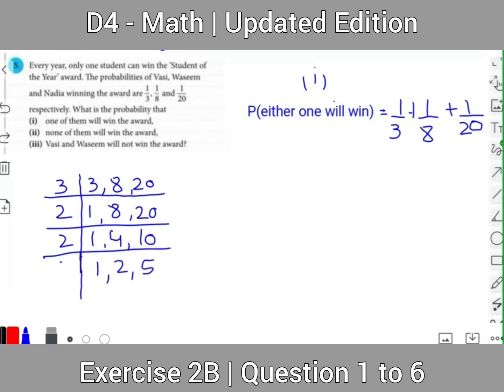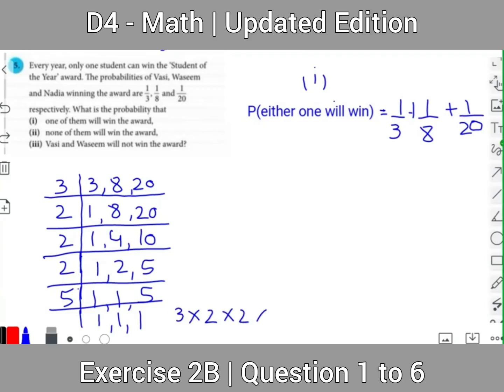Now we have 2. 2 ones are 2 and we have 5 now. 5 ones are 5. So now we will multiply all these numbers. 3 multiplied by 2 multiplied by 2 multiplied by 2 multiplied by 5 will be equal to 120. So the LCM of these three numbers is 120.